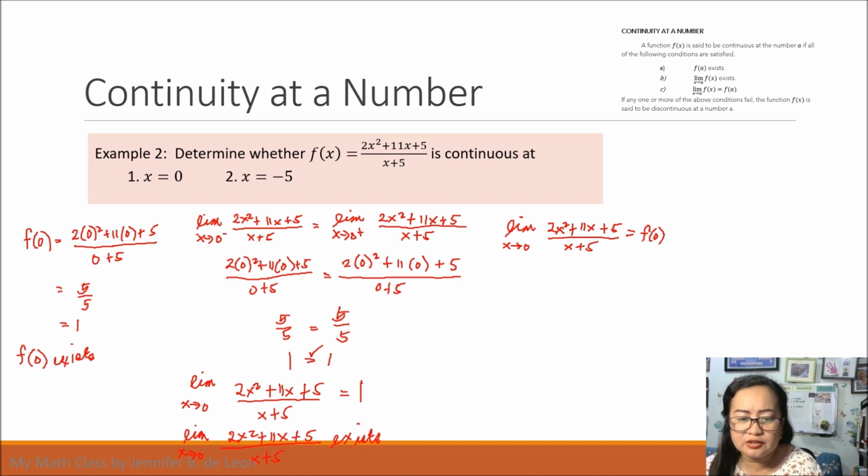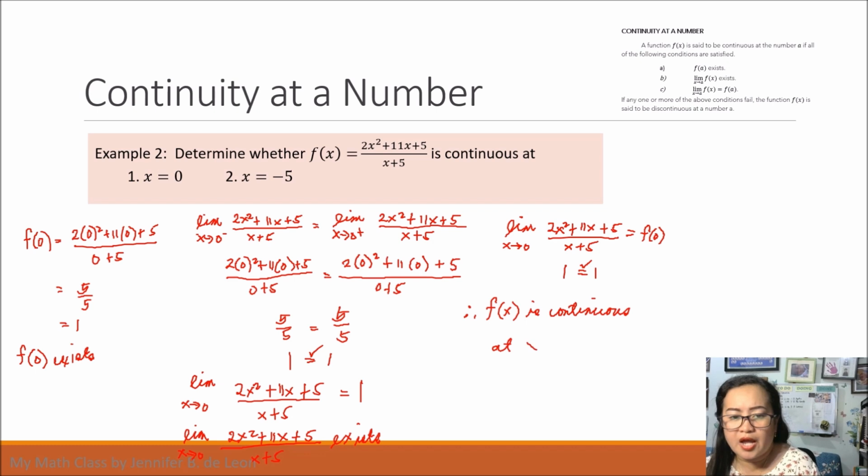Okay, let's take a look. This is equal to 1 and f of 0 is equal to 1 also. They are equal. Hence, we can conclude that f of x is continuous at x equals 0.